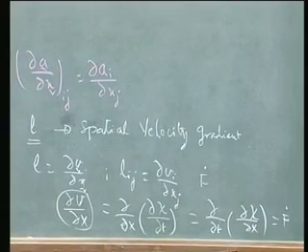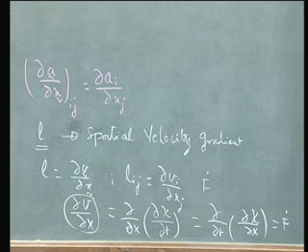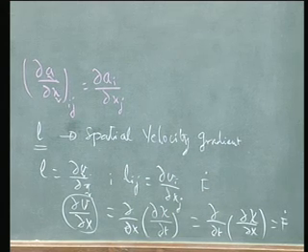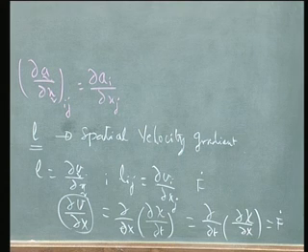Now, what is the relationship between L and F dot? Very straightforward, it is nothing difficult, just try that out. What is the relationship between L and F dot? Just do a chain rule, and then, yes, please.